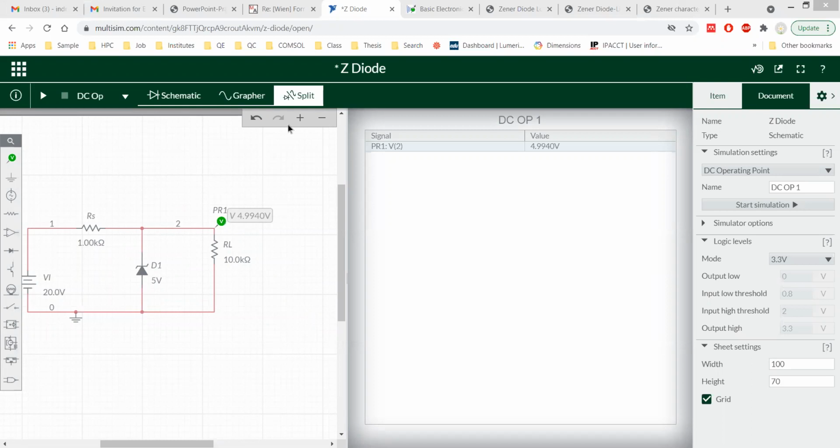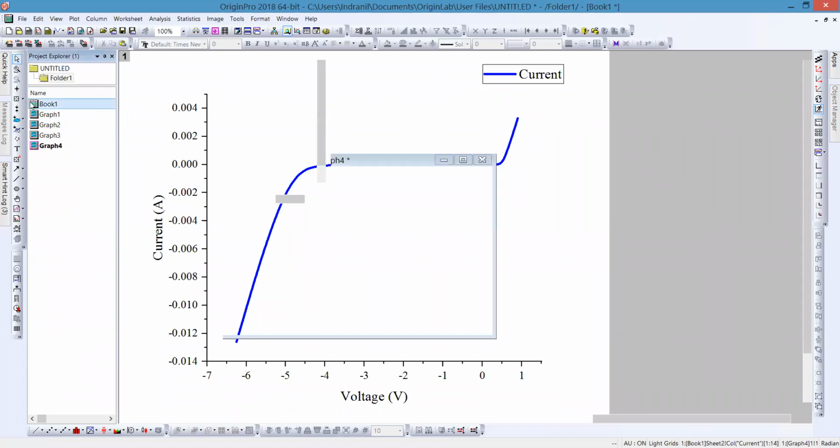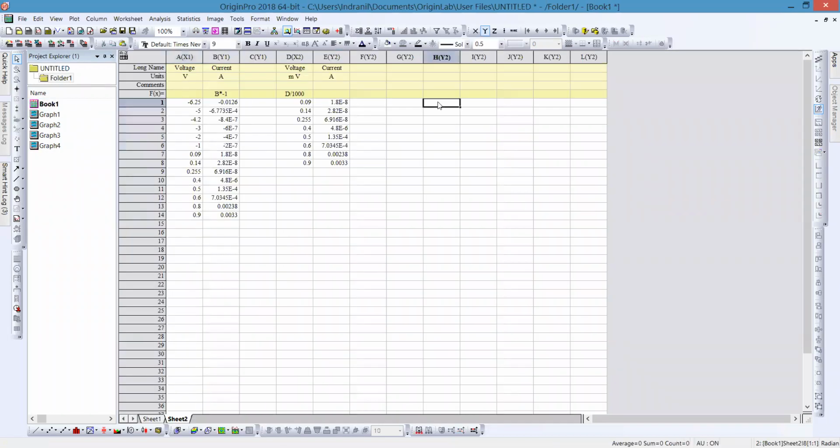So 125. This one is the load in ohms, and this one is the voltage, in volt, right? Please tell. 125 ohm, 2.22 volts.